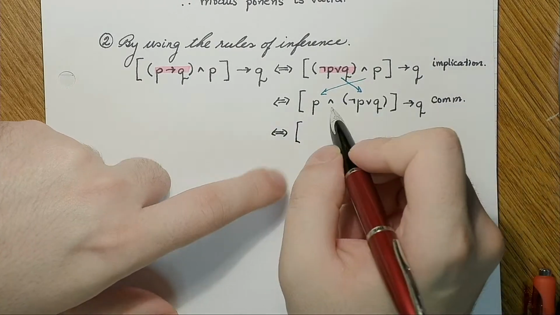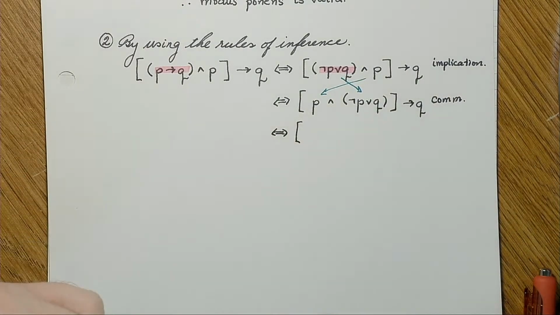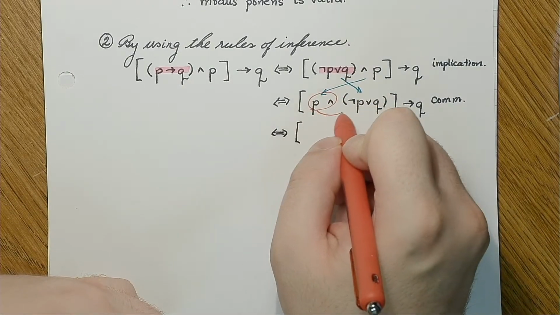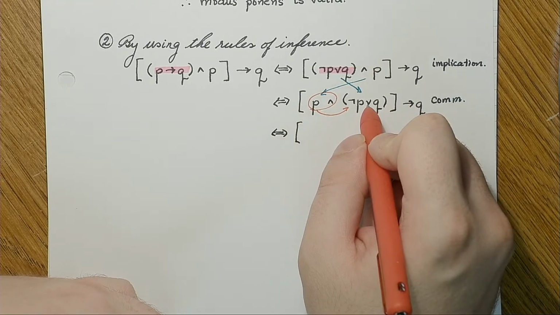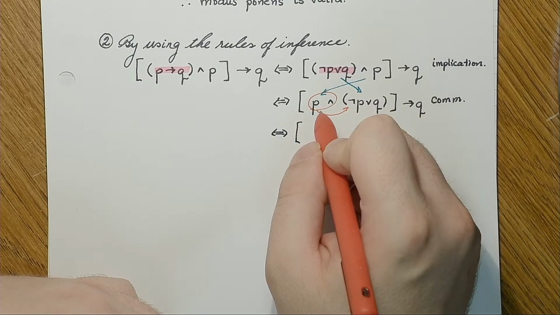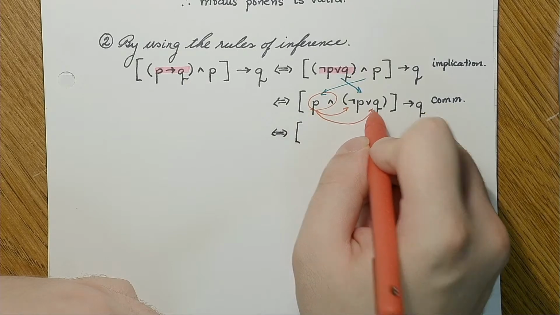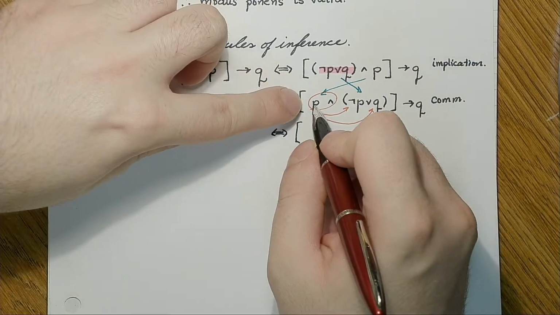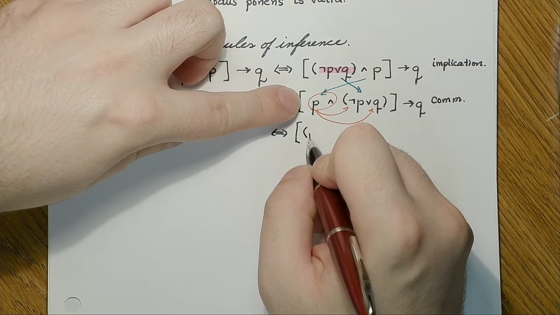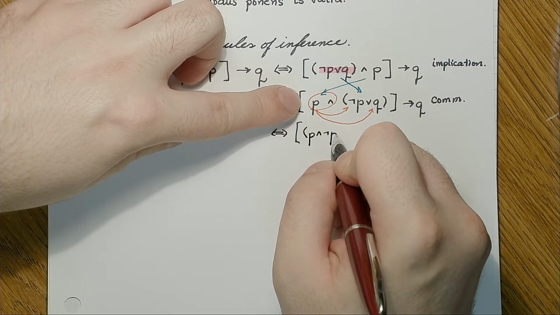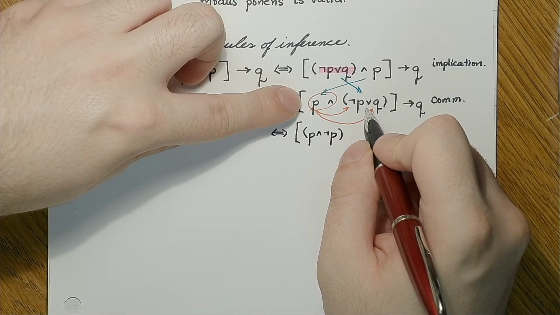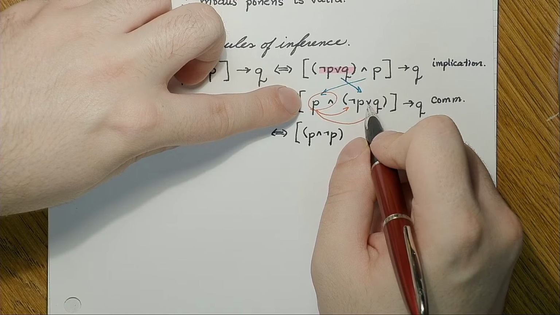Now I'm going to apply my distributive rule. So I'll take this and apply it to here. The or will switch to an and, and we'll apply this also to this one, so that I get P and not P. The or I keep.